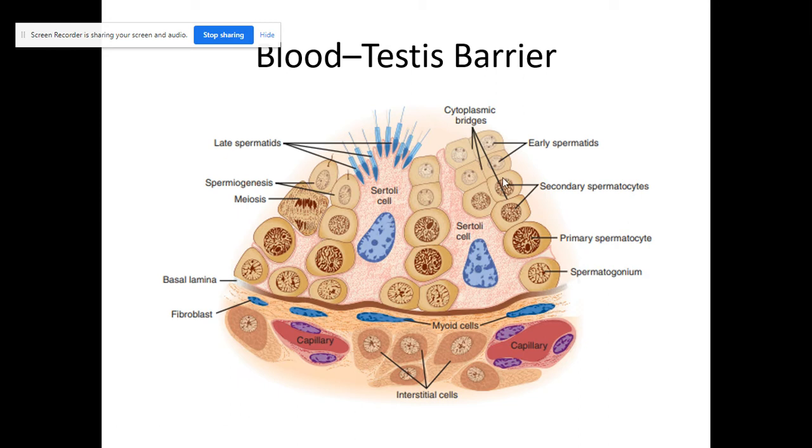the contact. So, tight junctions between adjacent Sertoli cells near the basal lamina form a blood testis barrier that prevents many large molecules from passing from the interstitial tissue and a part of the tubule near the basal lamina to the region near the tubule lumen.